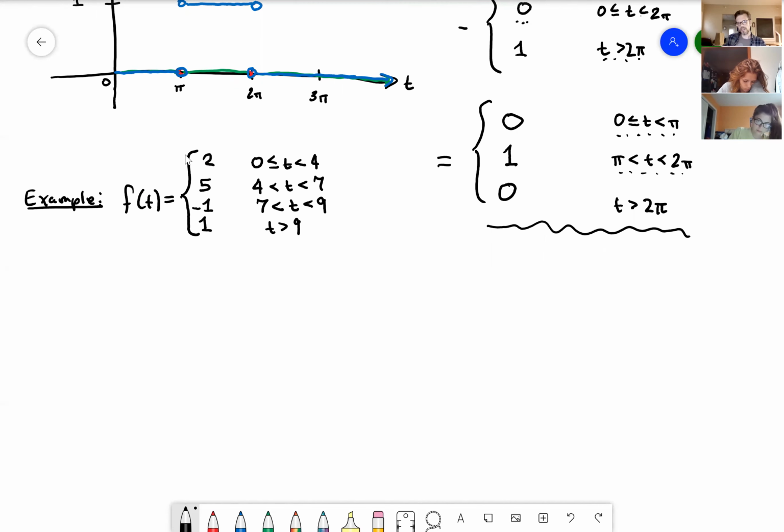So I'm going to pause just for a second and give you a chance to think about this. See if you can come up with a sum, a linear combination of unit step functions, that gives you the same thing as this function right here. Maybe I'll say really quickly, what's the point of it? The point is that if we can rewrite this in terms of unit step functions, we're eventually going to have a formula for the Laplace transform of a unit step function. And so if we can do that kind of rewriting, we can apply that formula without much thought.